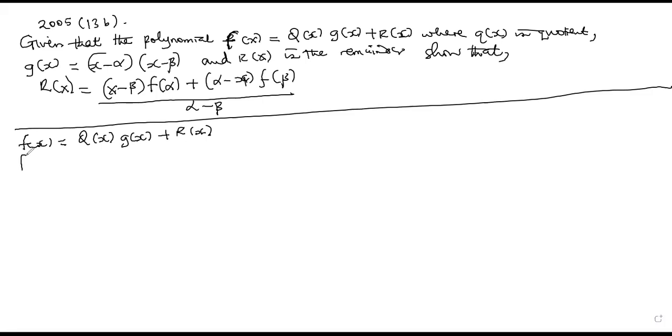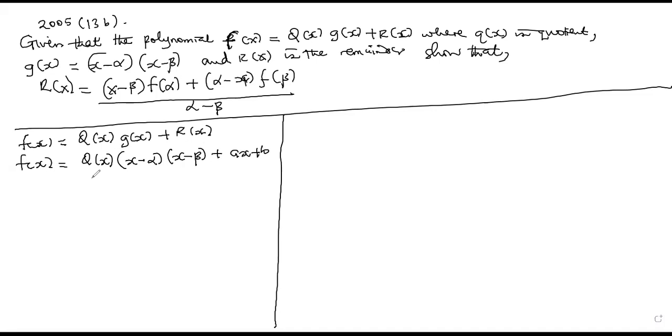So f of x equals q of x times (x minus alpha)(x minus beta) plus ax plus b. This is our remainder, so by getting the values of a and b, we shall be able to get the remainder.